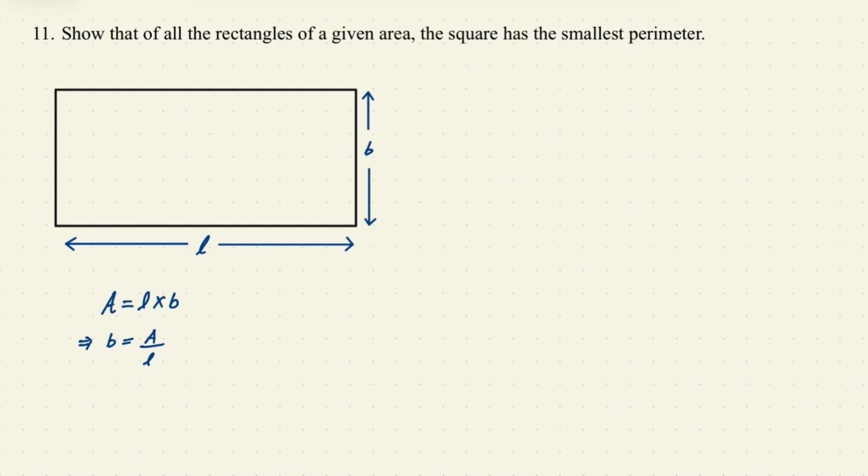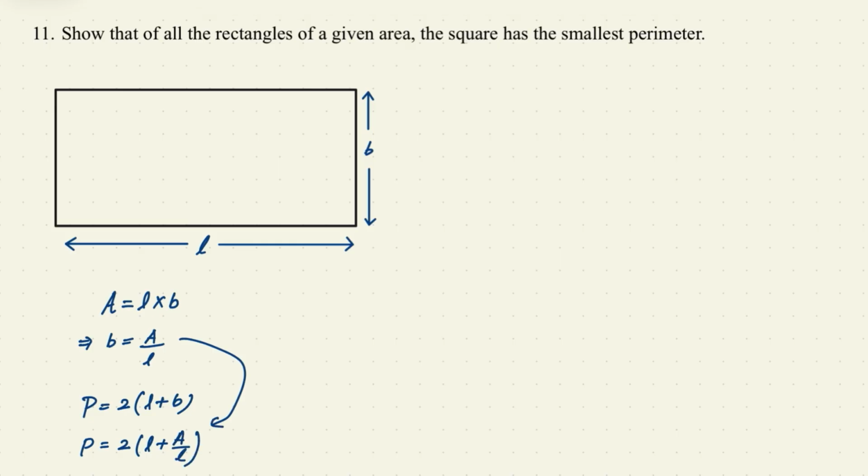So let us write the formula for the perimeter of a rectangle, and we know that the perimeter of a rectangle is given as 2 times (length plus breadth). So that means P equals 2 into (L plus, now instead of B from this equation I can write, A by L).